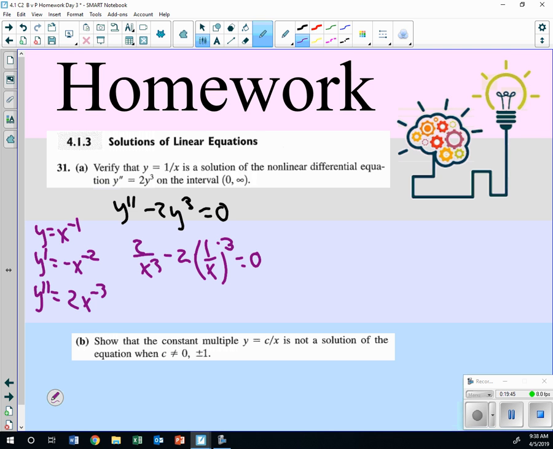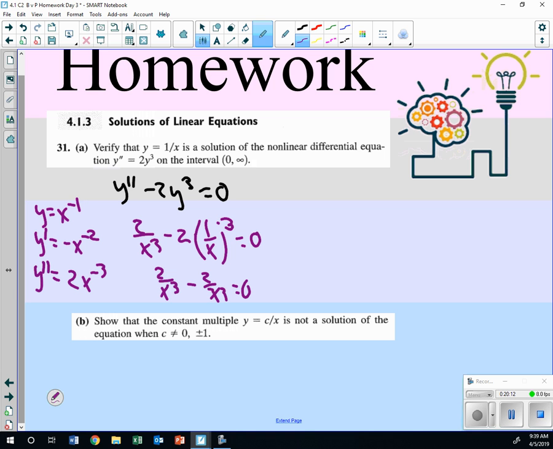Is that going to work? Oh yeah. Perfect. And then 0 to infinity, that's just the interval because of the 1 over 0. I don't know why the negatives wouldn't work, but they don't include 0.